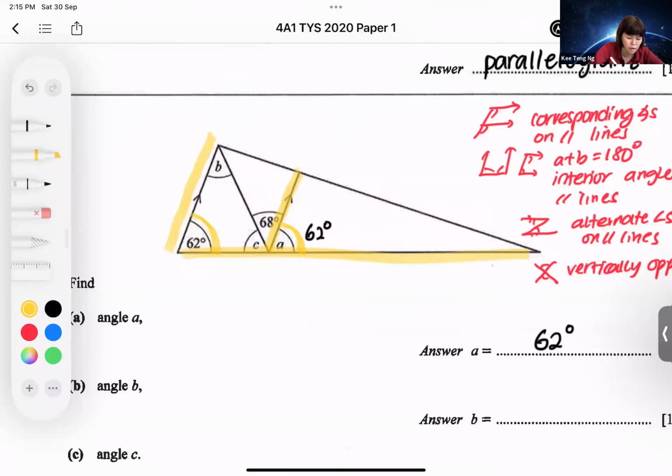Next, I can also have another one, the alternate angles, letter Z over here. So in this case, this angle here, B, will be equal to the angle 68 degrees. So this one will be alternate angles, 68 degrees. Then after I have 68 and I've got 62, I want to find angle C. They lie on one straight line.